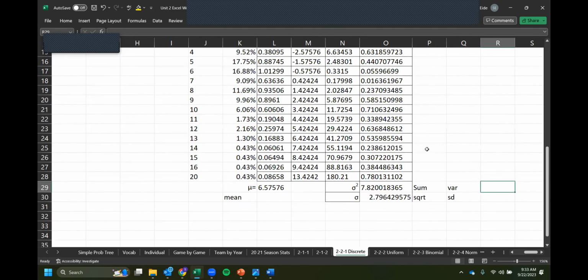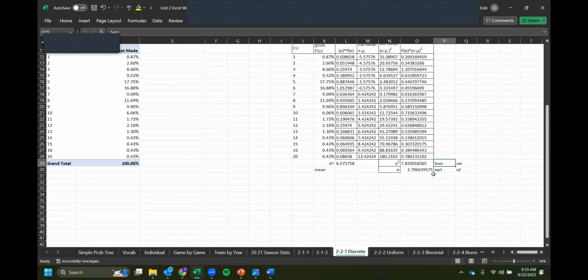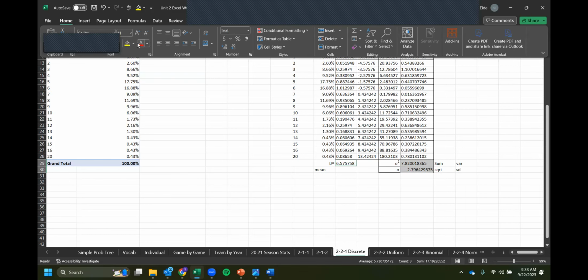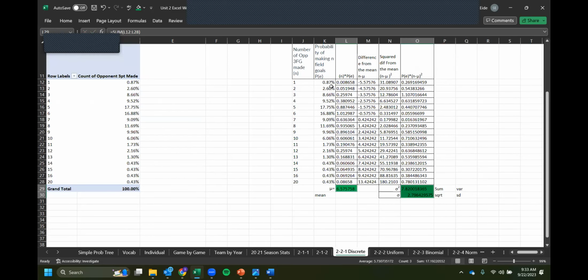Okay. And so now we have the variance, we have the standard deviation, we have the mean, okay? And the one other thing that we can do is we can also find the median. So the way that we find the median is we get the cumulative probability.